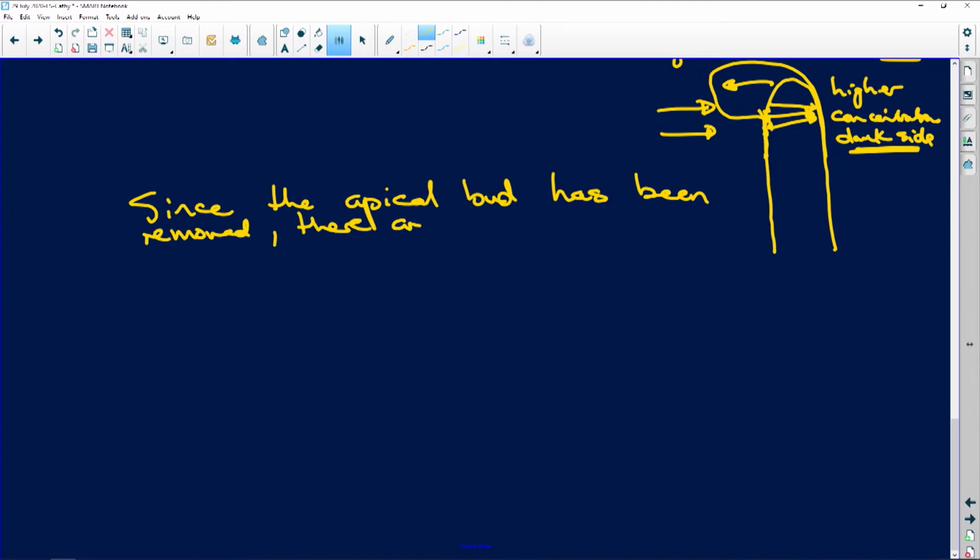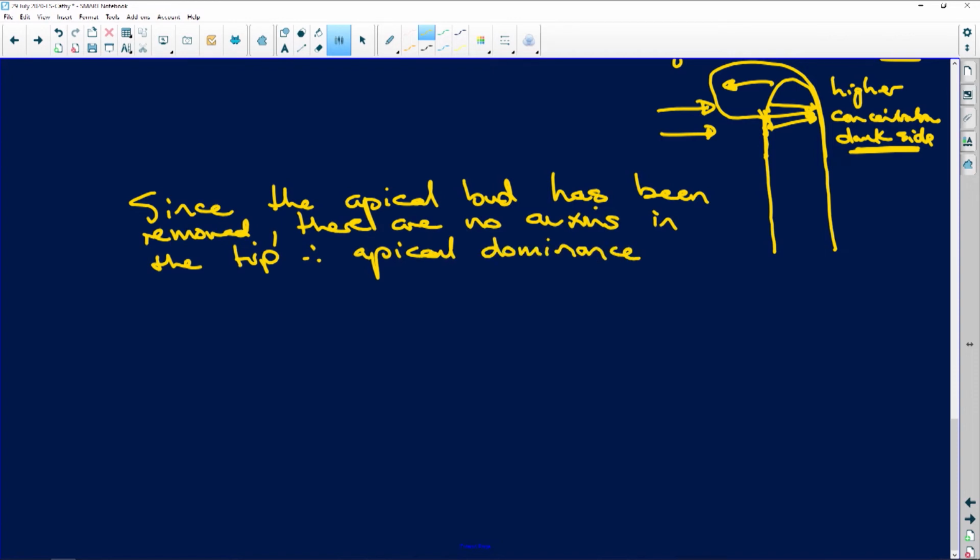there are no auxins in the tip. Okay, therefore, apical dominance. Now remember, apical dominance means to grow upwards.